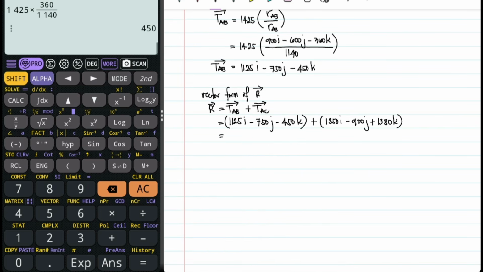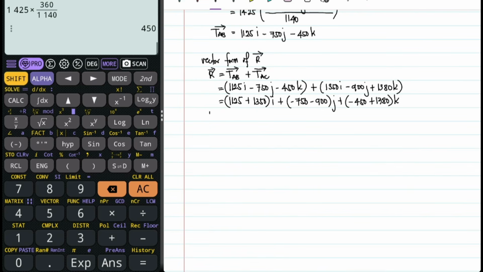Next, we are to arrange like terms. That would give us (1125 plus 1350)I plus (negative 750 minus 900)J plus (negative 450 plus 1380)K.